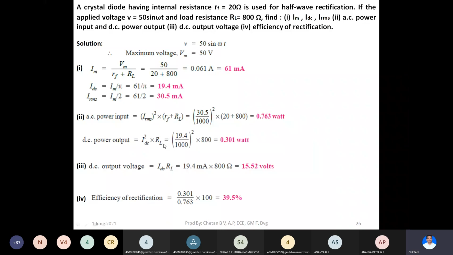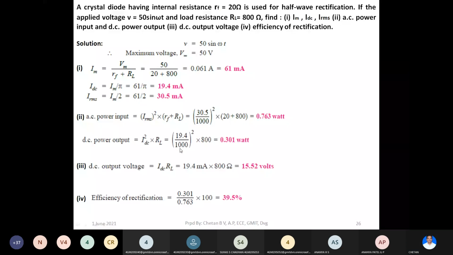Next, DC power output is IDC square into RL. So here you will get 19.4 into 10 raised to minus 3. If you take 10 raised to minus 3 to the denominator, it becomes 1000, basically the milli. So this ratio whole square into 800.